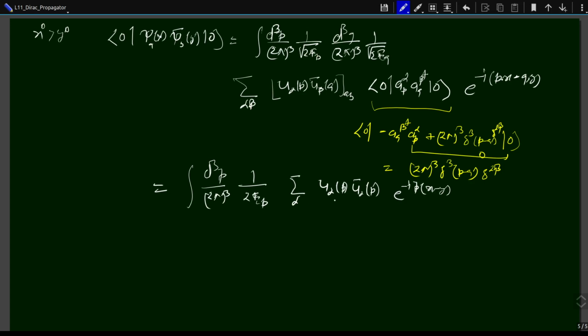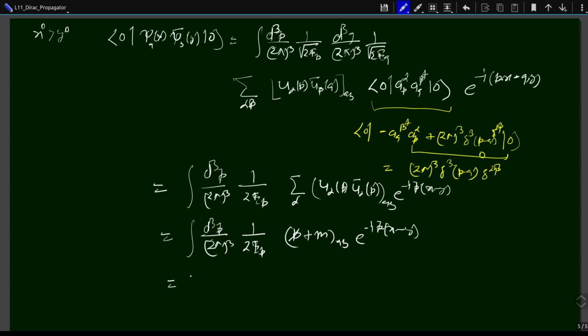Now once I perform this summation, I'm sorry to say this is the ab-th term, because a and b were the two elements of the two spinors we started with. So this becomes d3p by (2 pi)^3, 1 by 2E_p, and this becomes (p slash plus m), the ab-th element, of the exponential e^(-i p.(x minus y)).